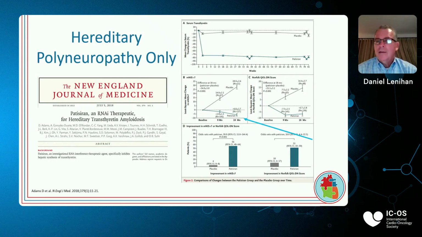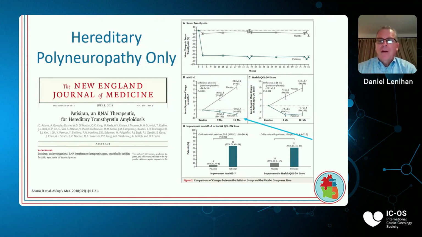So these are not, at least in the United States, indicated for cardiac amyloidosis as of yet. Both of these drugs are being investigated in that population, but they're not currently approved. So it's absolutely critical that you do genetic testing so that you could possibly treat a patient with one of these two therapies. So the first one I'm showing you here is Patisiran.